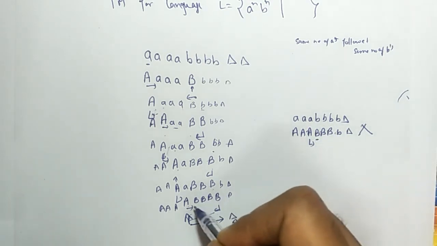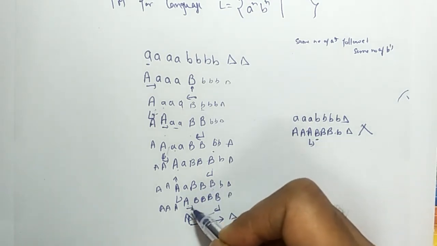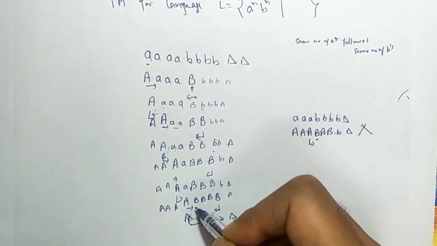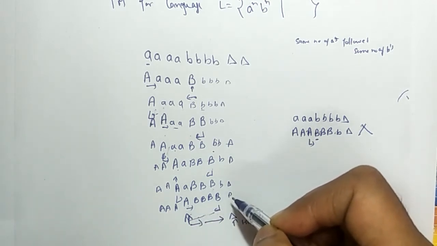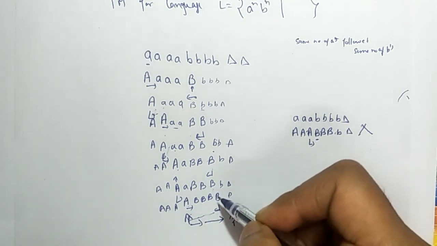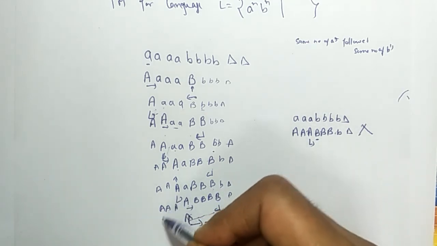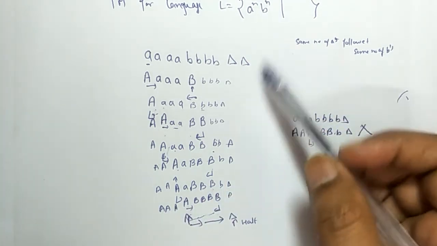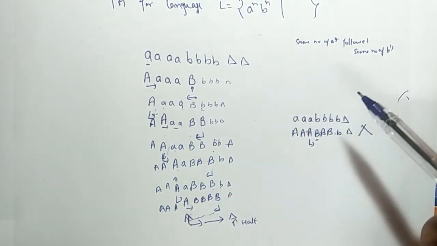So we have to make sure that in the right of a capital A there is capital B and all are capital B's, so that we are sure that there are all capital B's for which there are all capital A's, so that language is A raised to power n, B raised to power n.